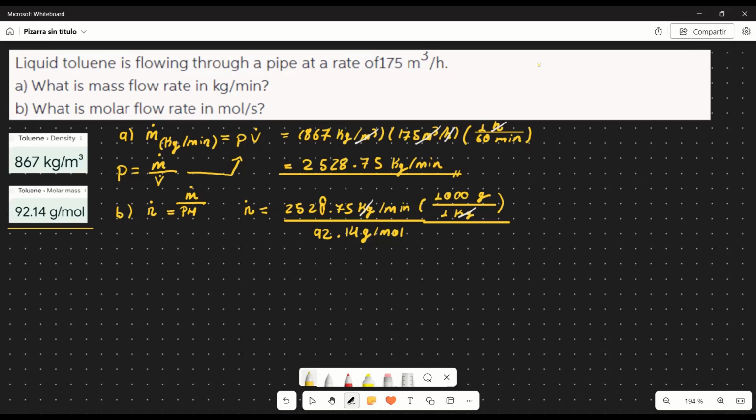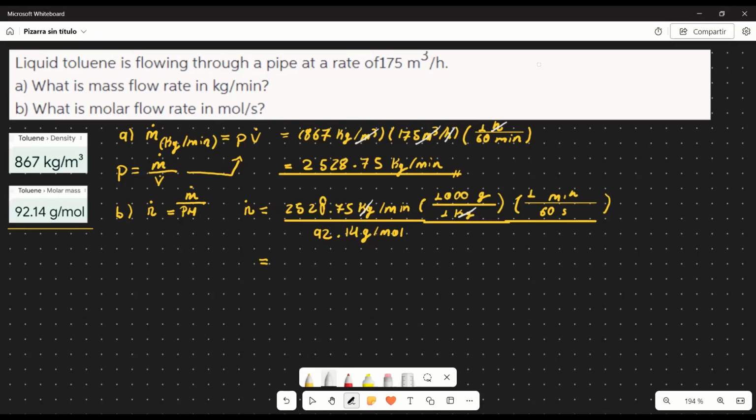But we do not want that, right? We need the molar flow rate in moles per second. So we're also going to need to use a conversion factor that takes us from moles per minute to moles per second. We have the minutes above, so we use the conversion factor here as well, and each minute has 60 seconds. Let's see how these units cancel out.